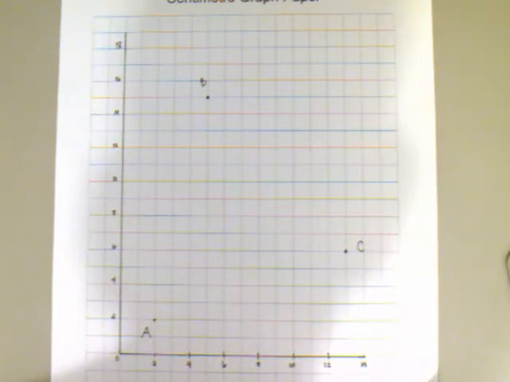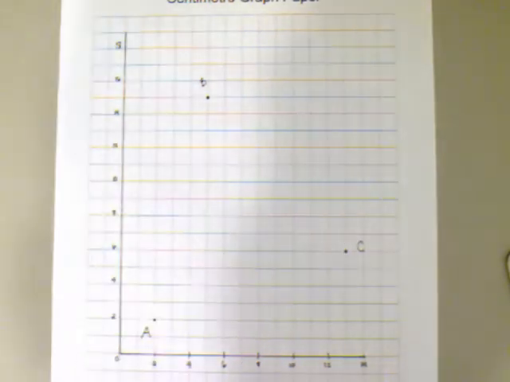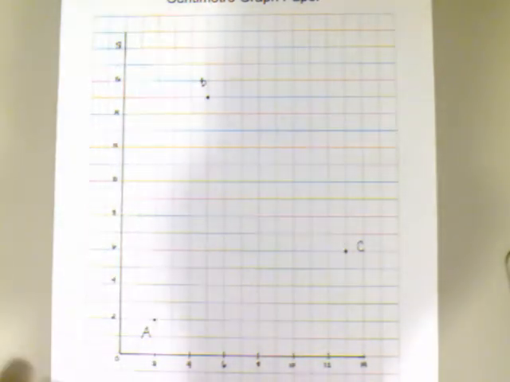One point, the point A at 2, 2. The second point, point B at the coordinate 5, 15. The third point, C, at the coordinate 13, 6. Connect each of these vertices to make a triangle.